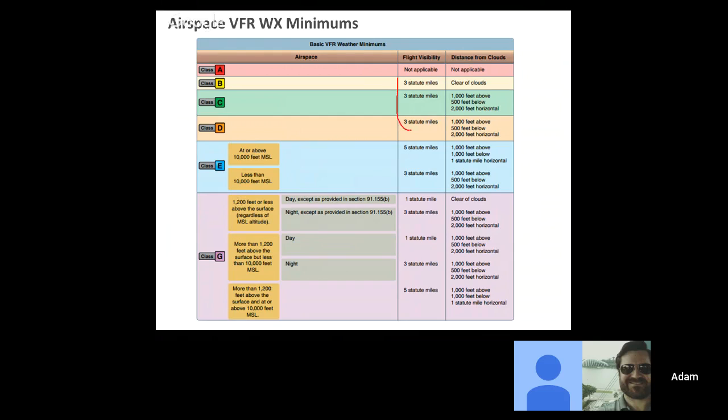You've got 3 miles visibility minimum. And then you've got similar cloud clearance requirements for C and D. And then Class B, you just have to be clear of the clouds. You can be right next to the cloud, but you can't be inside of it.